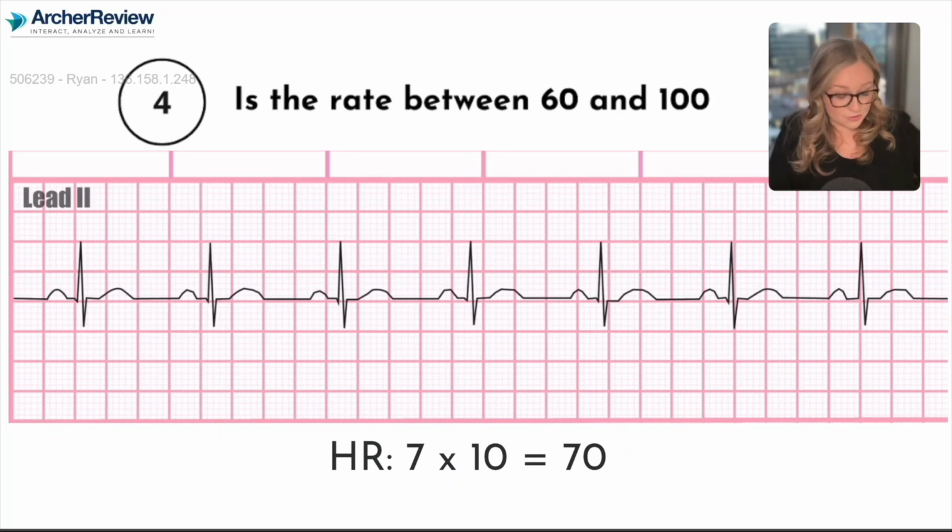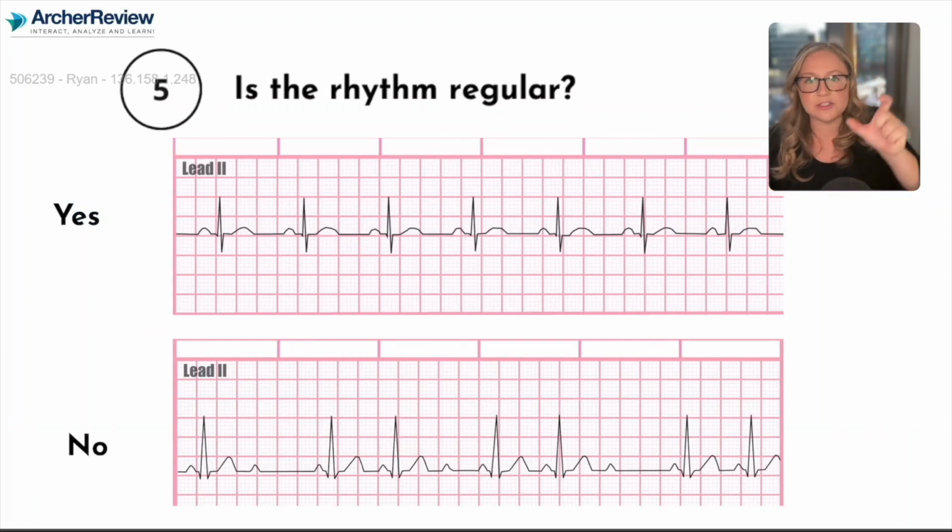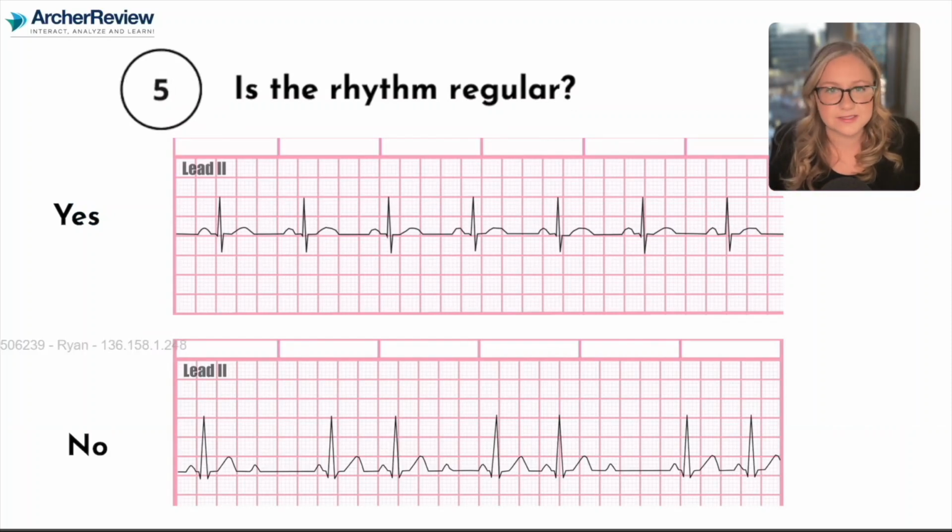And lastly, of course, make sure that you have a regular rhythm. We want to see that those heartbeats are coming at even spaces. Count the big boxes in between them if you need to be sure. If they're not spaced out evenly, we have an irregular rhythm.